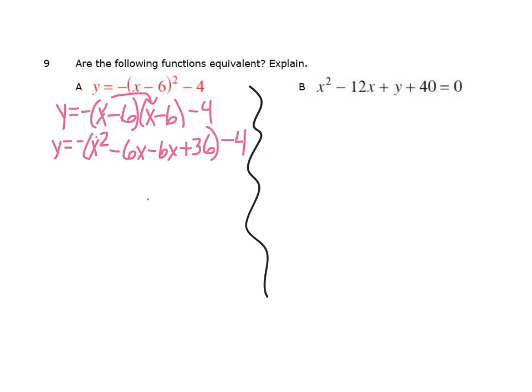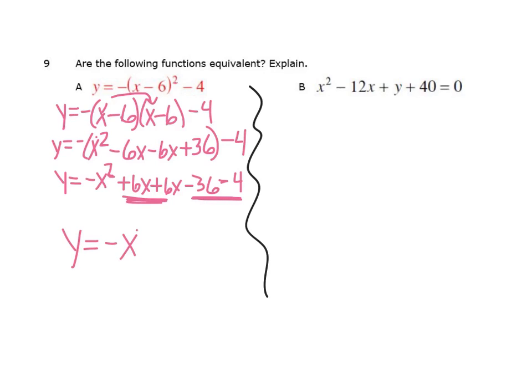Distributing the negative out front, that's going to leave us with a negative x squared plus 6x plus 6x minus 36 minus 4. And then we want to combine our 6x's and combine the negative 36 and negative 4. So this leaves us y = negative x squared plus 12x minus 40.